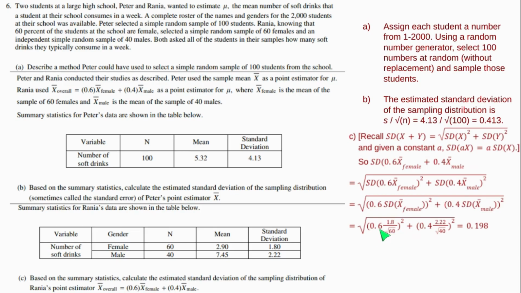Substituting some values, we have 0.6 times 1.8 divided by the square root of 60. Again, the sampling distribution for the sample mean involves the standard deviation for that sample divided by the square root of the sample size. Then 0.4 times 2.22, my other standard deviation, divided by the square root of its sample size. Square both of these, sum them, square root the whole kit and caboodle, and you have 0.198.